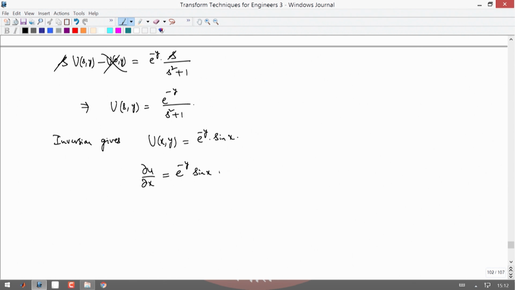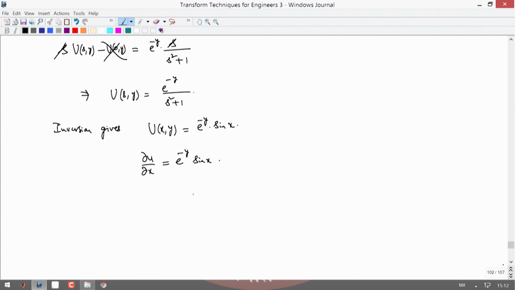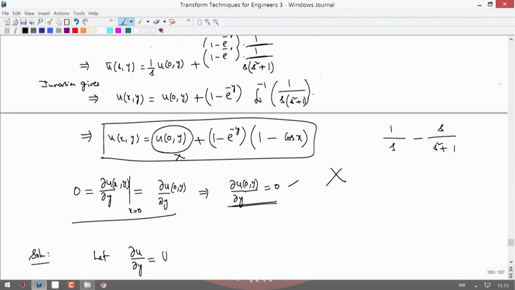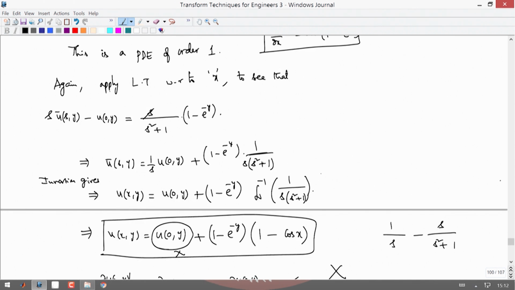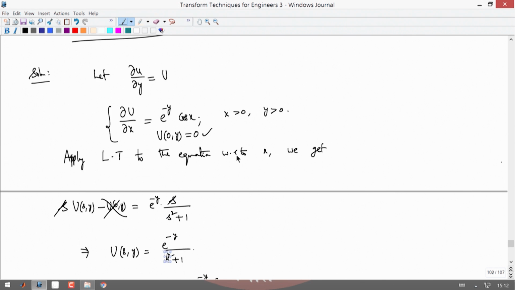So, the technique is to make the second order partial differential equation into a first order partial differential equation. Now, this equation along with the first boundary condition, that is u at (x, 0) is 0, is the condition we use now.